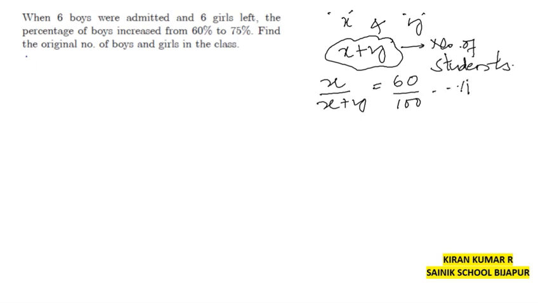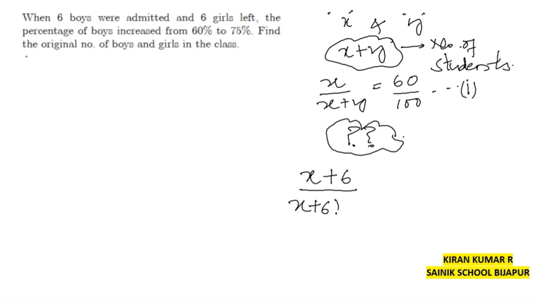This will be equation 2. Now the question is, how do we get equation 3? What if I write X plus 6 divided by X plus 6 plus Y minus 6 equal to 75 by 100? Should it be correct?